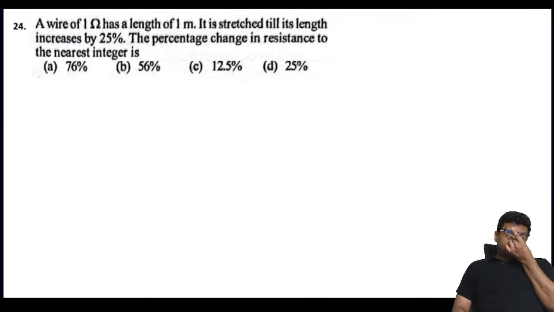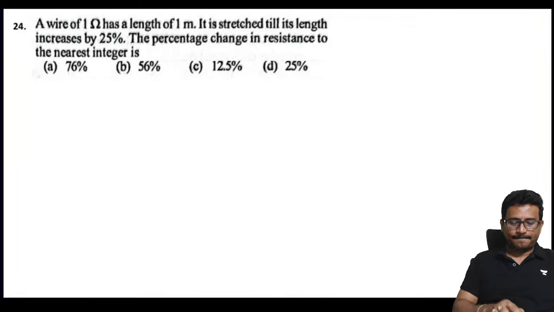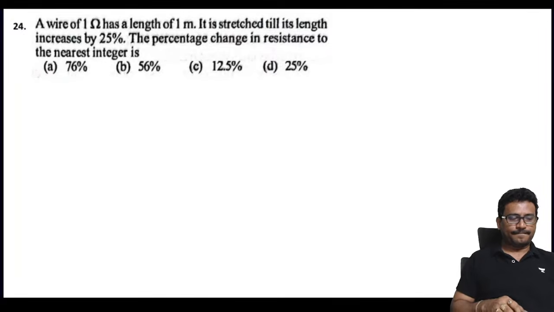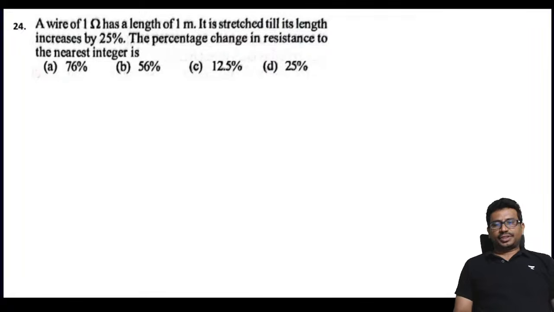Next one. Now see the next one. A wire of 1 ohm resistance has a length of 1 meter.